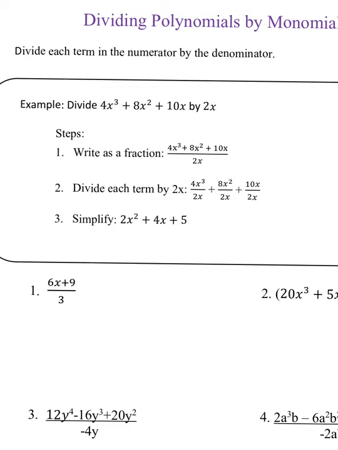And we got that 2x from right here, divided by 2x. So we're going to separate the numerator, and remember the numerator is the number on top. This is the numerator. And then the denominator is the number on the bottom.